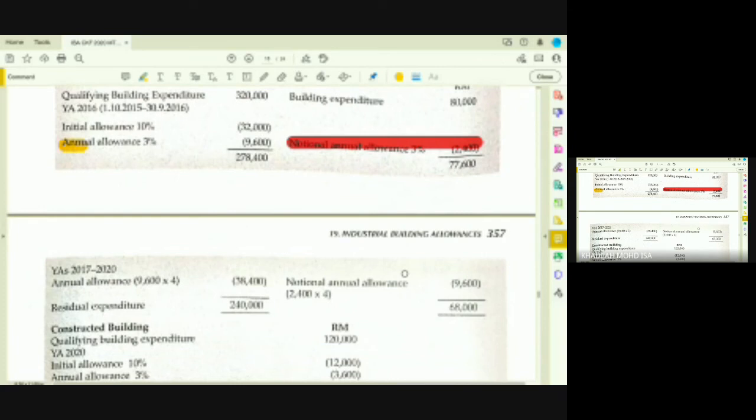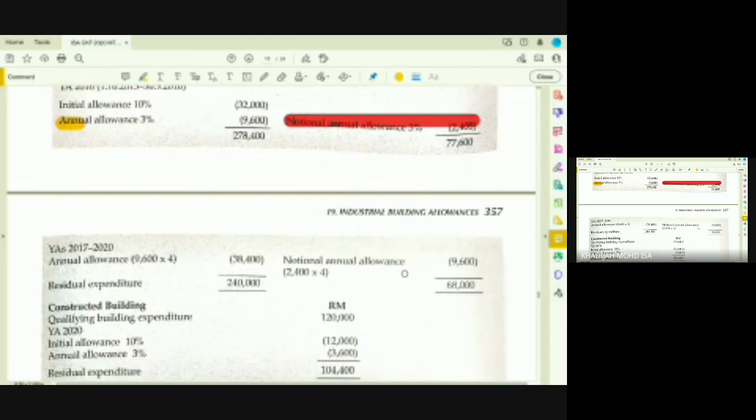You do adjusted income plus balancing charge minus capital allowance. Capital allowance for the current year is only the initial allowance and annual allowance. The notional allowance is not computed in arriving at your statutory income. It is only computed later when you do a disposal, then you have to take notional allowance into account to determine your RE.